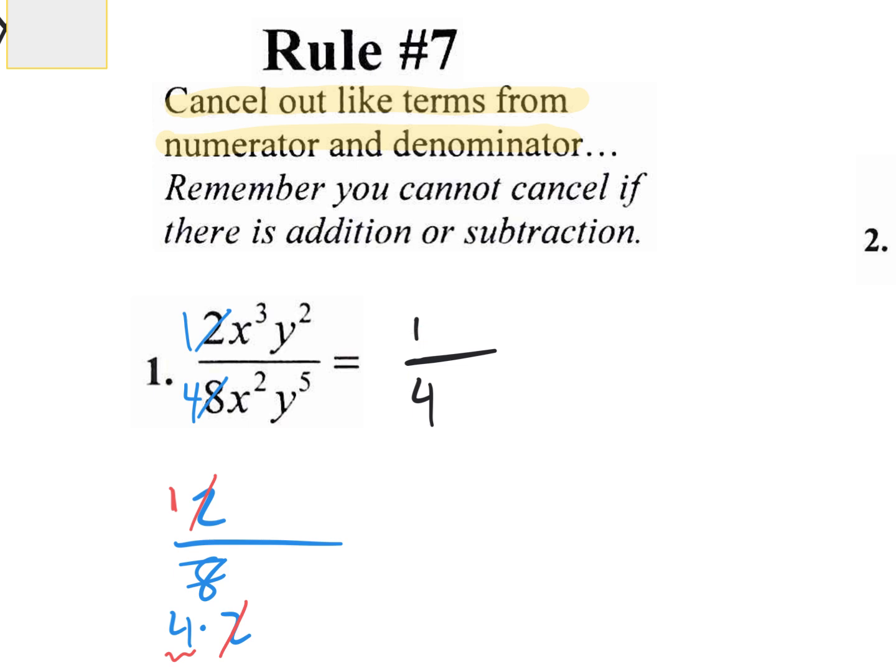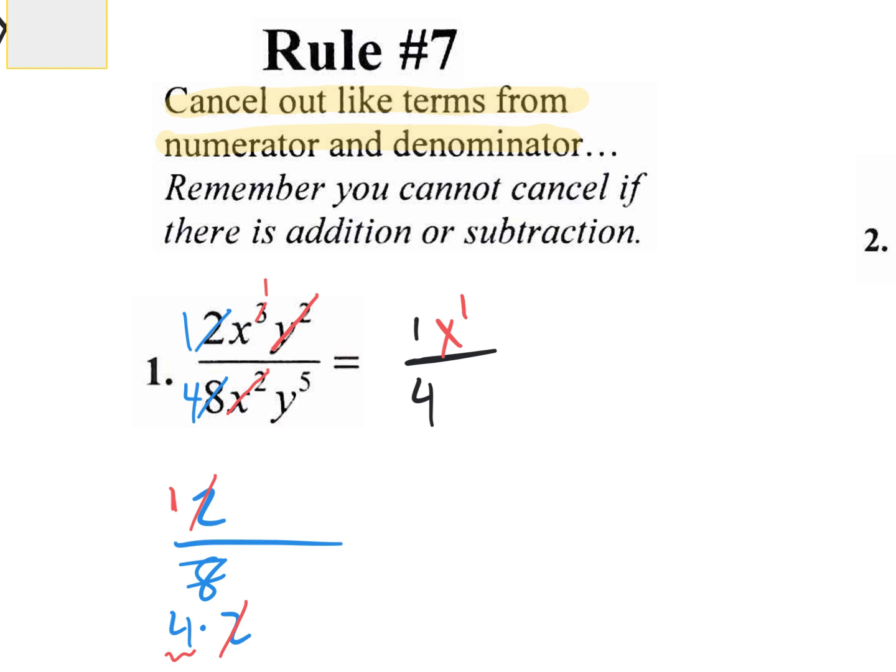And then you ask yourself, how many x's are on top? Oh, there's 3. That's like an x times x times x. How many x's are on the bottom? There's 2, x times x. So we're going to cancel all 2 of these x's with 2 of these 3, leaving you only 1 left over. So on top, you have an x to the 1, okay? And then let's deal with the y's. You have 2 y's up on top. That's a y squared. That's really a y times y.